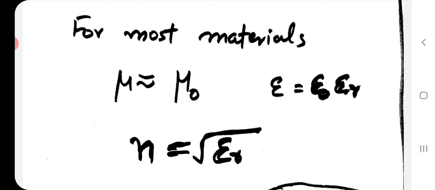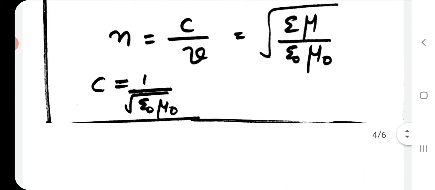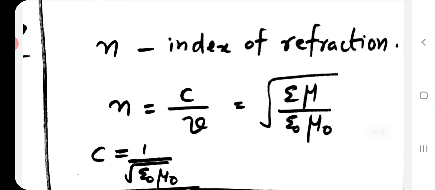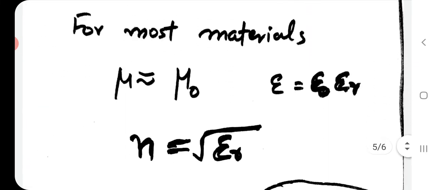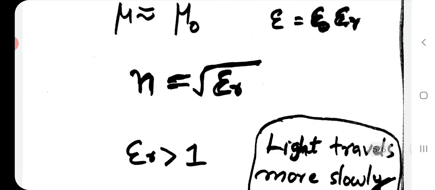So n here, for mu we substitute mu 0, and epsilon is epsilon 0 epsilon r. Epsilon 0 gets cancelled, so we will get n equal to root epsilon r.